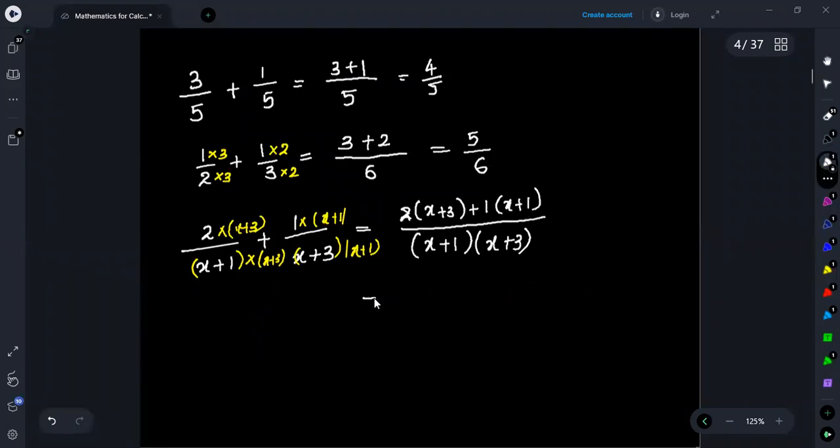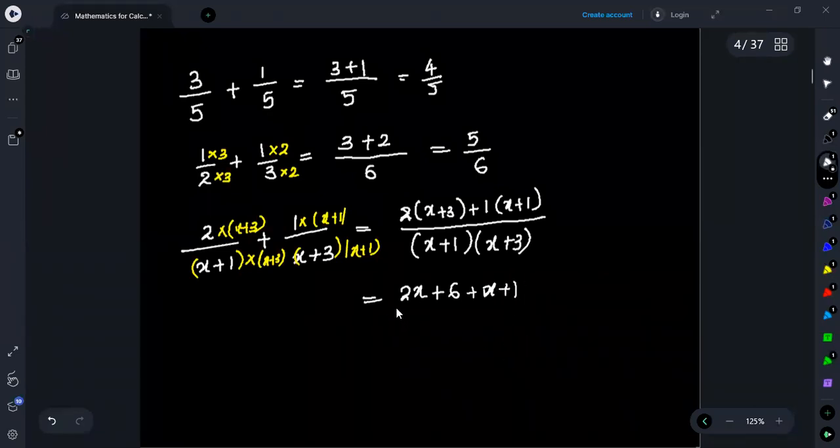Then we can simplify. 2 times x is 2x, 2 times 3 is 6, 1 times x is x, and 1 times 1 is 1.